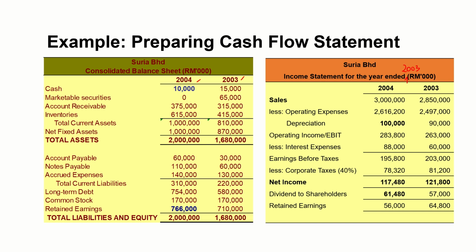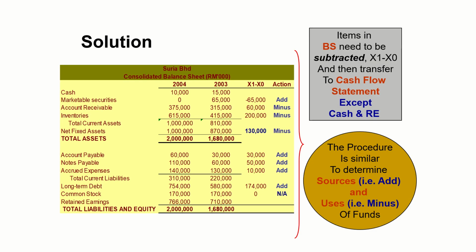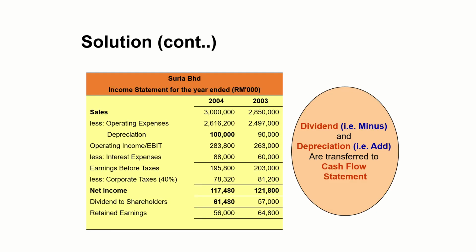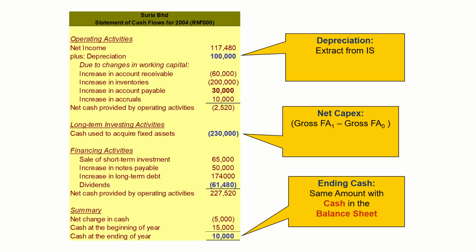So with these two statements, from the balance sheet, we need to deduct 2004 minus 2003, and then this figure we put into this statement of cash flow.